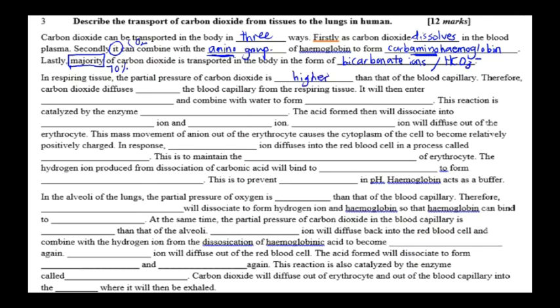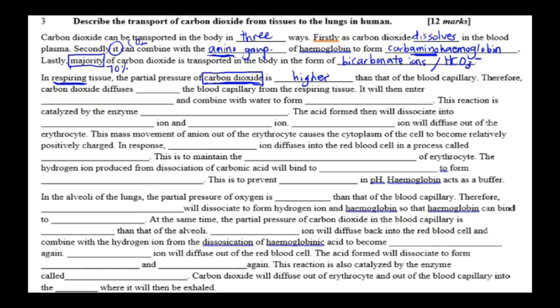Of course, in the respiring tissue, which means the tissue that carry out cellular respiration. You learn that during cellular respiration, glucose is being broken down to form carbon dioxide and then water and ATP. So we have carbon dioxide produced during cellular respiration, and that's why in the respiring tissue, the partial pressure of carbon dioxide is higher than that in the blood capillary.